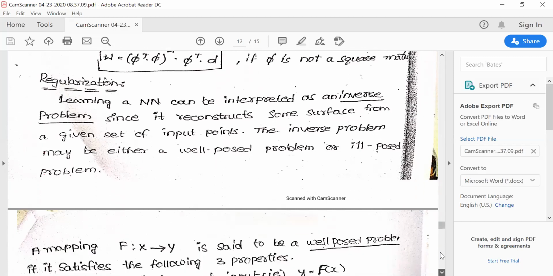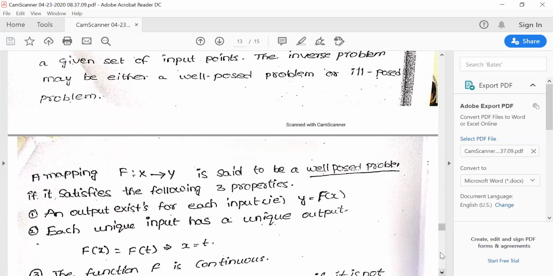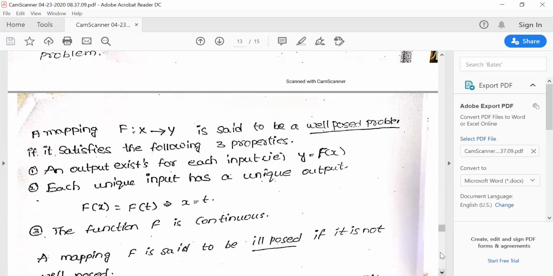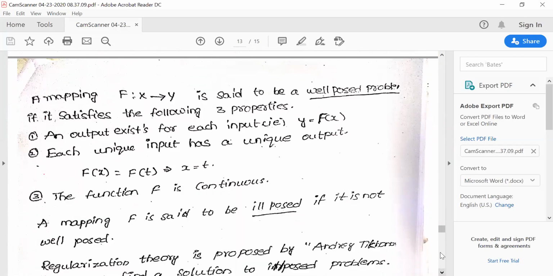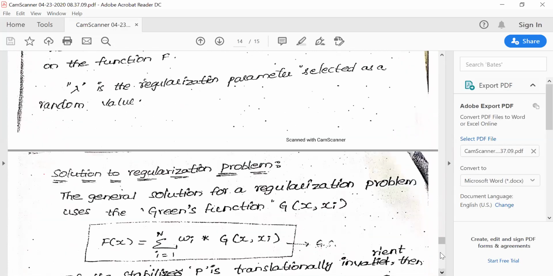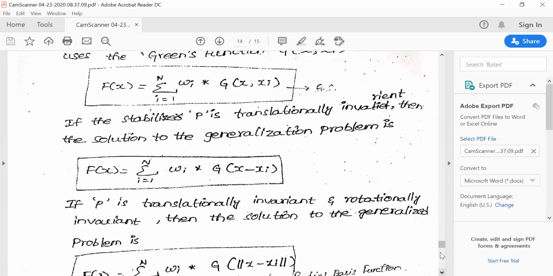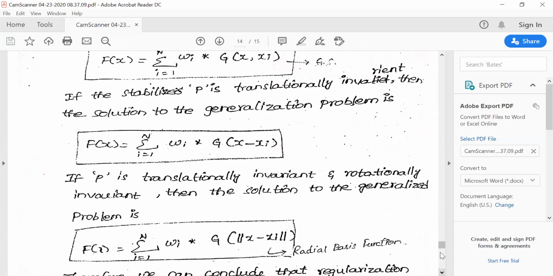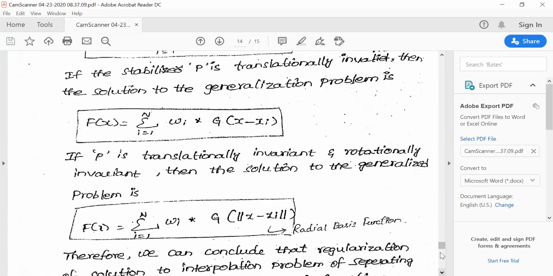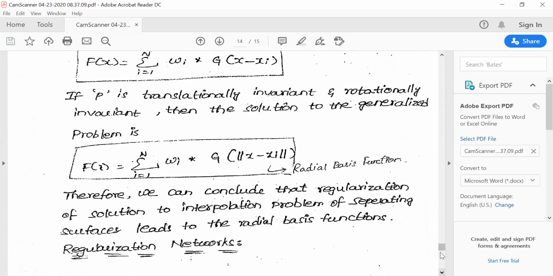And the last one is a small theoretical thing, the regularization problem. I don't think it is required for us, but there is a possible question on the regularization network, because it is a solution for your regularization problem, regularization theory. Let me show you the architecture of regularization networks.